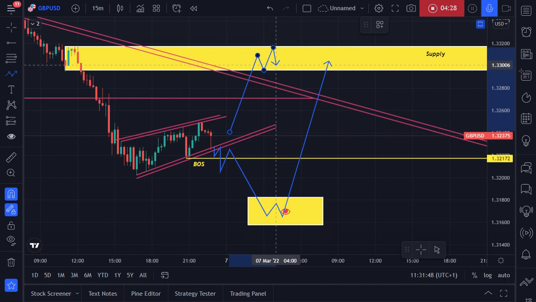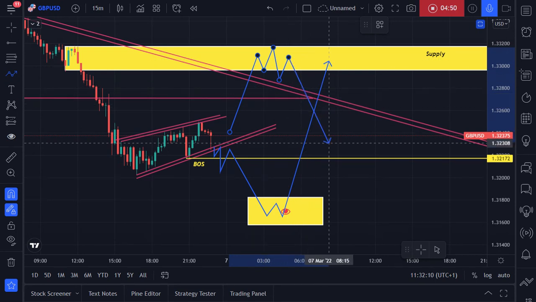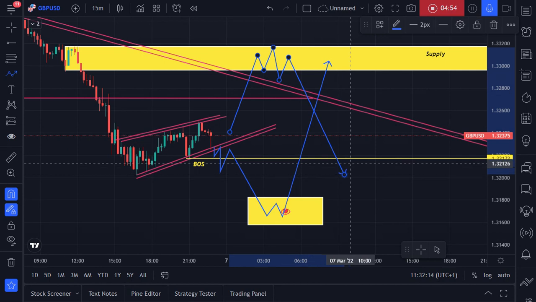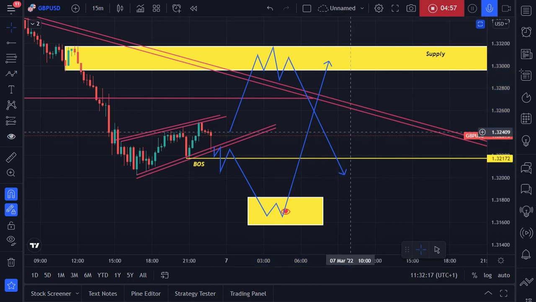Price will come down, break this previous low, giving us a break of structure, and then we wait for price to return to test the supply or another block that led to the break of this structure. Once price retests that point of interest, we'll be taking our sell, and then we hold our trade for as long as possible. This is what I'm looking out for on GBPUSD for this coming week.